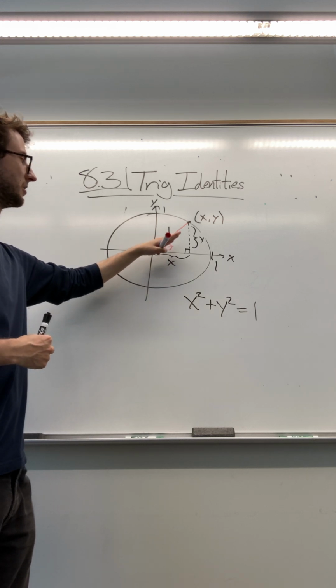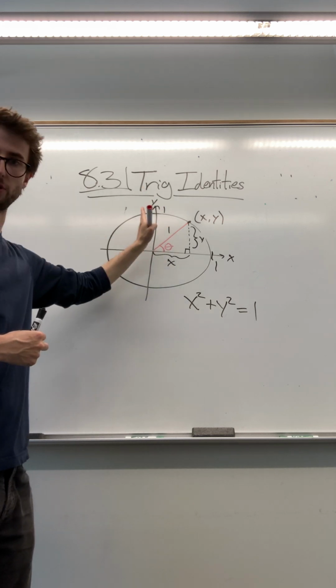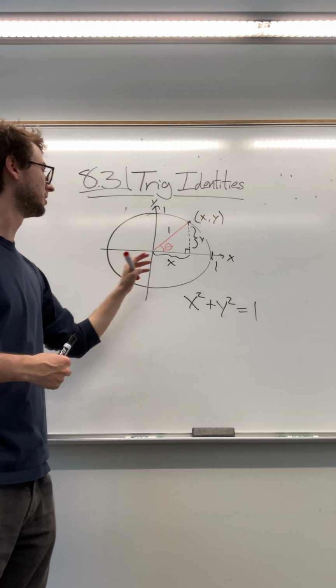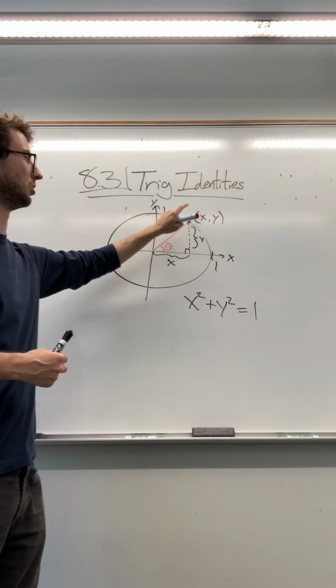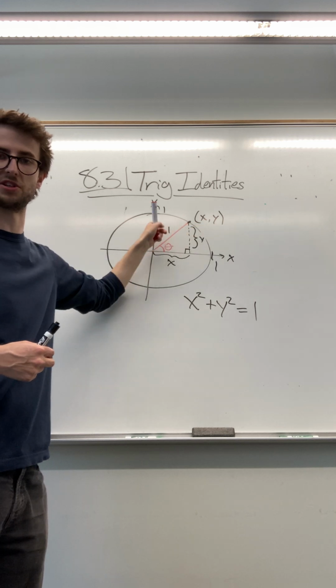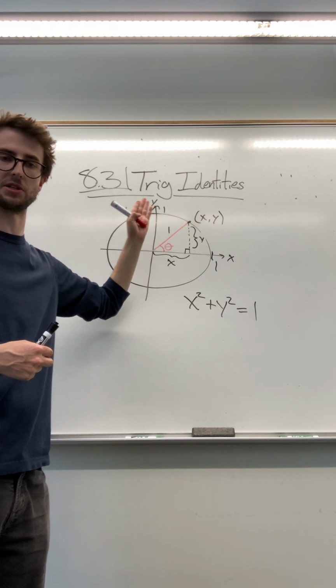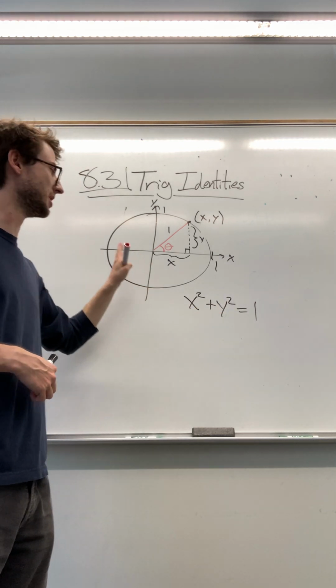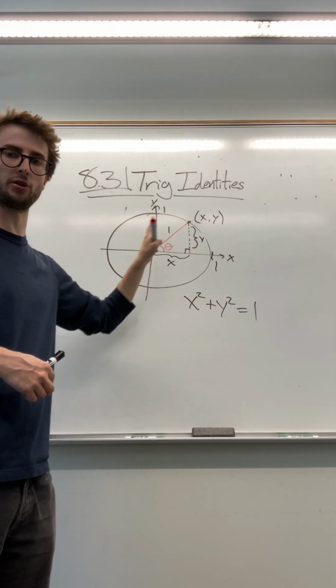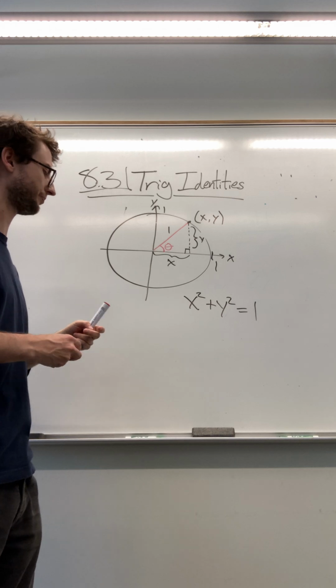Even if theta is at pi over 2, then my x and y pair are just 0, 1, because I'm at the complete top. And so then 0 squared plus 1 squared does indeed equal 1. So it's true for any triangle, any theta that you put in.